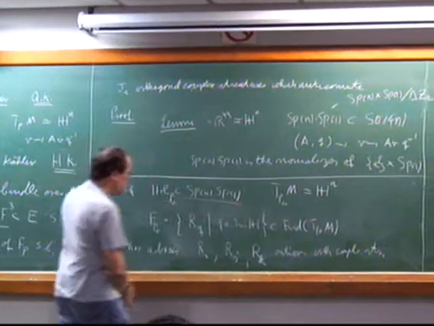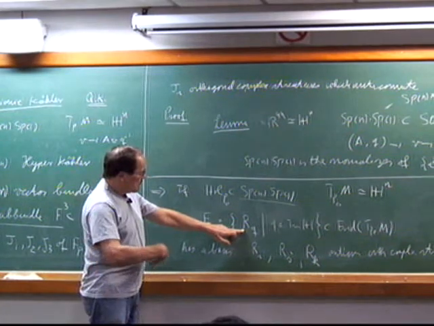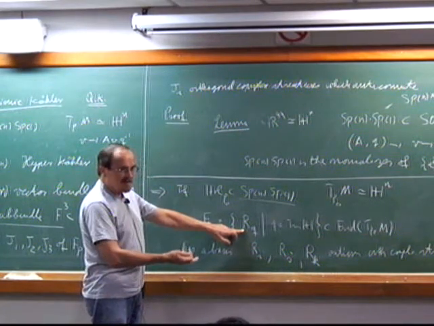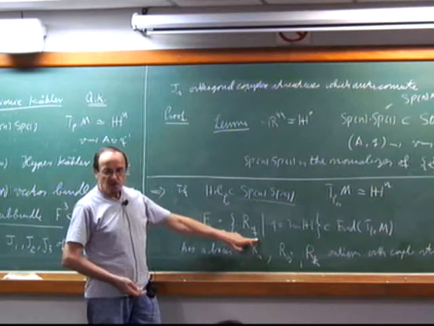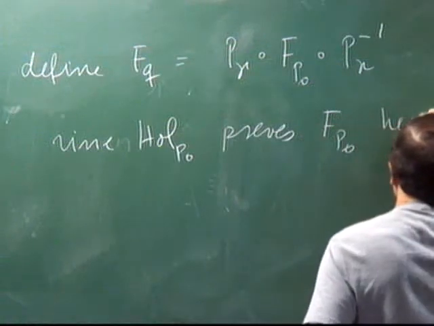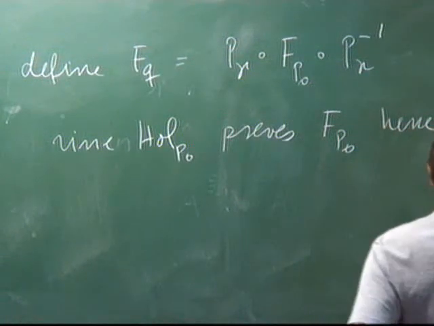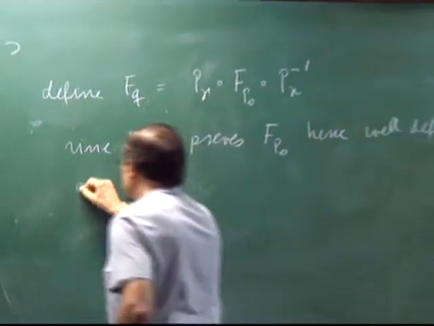These are right translations. Sp n acts trivially by right translation. Right translations normalize it. It doesn't act trivially, but it normalizes it. And so it's well defined. So it's our holonomy principle, and parallel by definition.